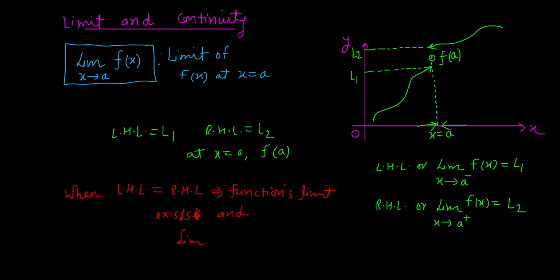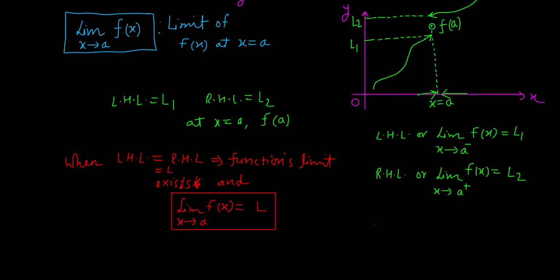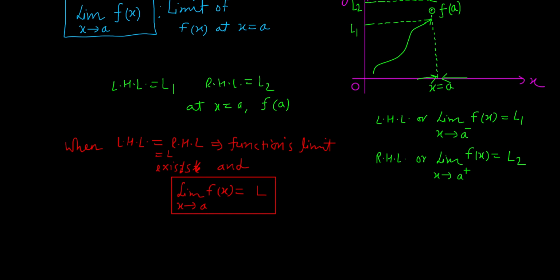It will be written like this: limit x tending to a of f(x) is equal to whatever value it was. Suppose I say LHL is equal to RHL is equal to L, then this will be the limit of the function.